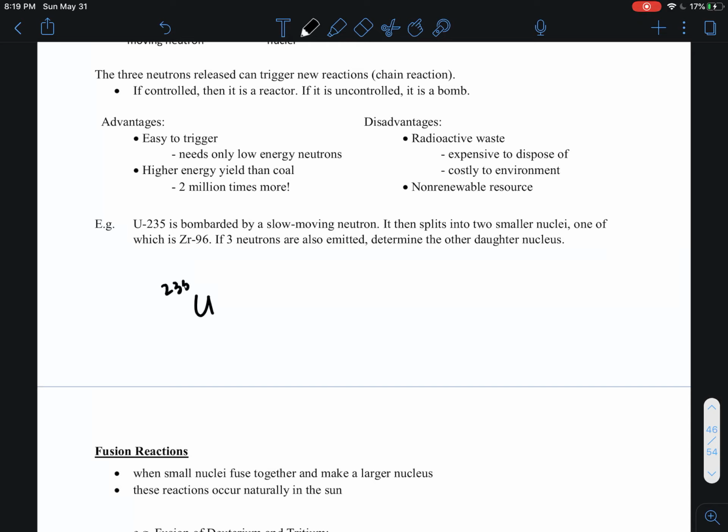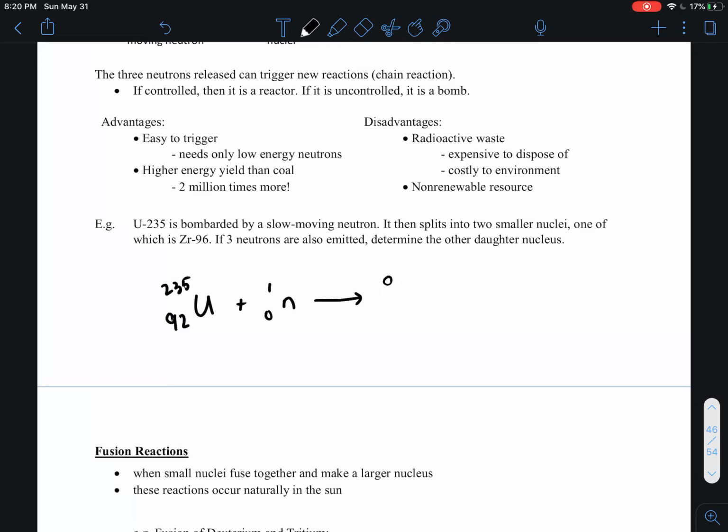So same process here. We're just going to write it all out. So uranium-235. Uranium, we should know this one. We should get familiar with it. It's going to be 92 every time. Plus a slow-moving neutron, so we have to include that neutron. And then produces 2 smaller, one of them being ZR96. So if you take a look at ZR, I'm trying to use my sheet here.